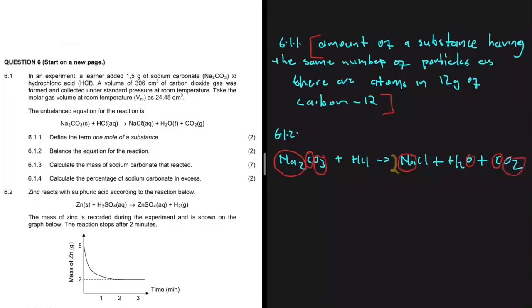So we have 3 oxygen atoms on the left and the right hand side. So the oxygen atoms are balanced. Let's go to the hydrogens. Here we have 1 hydrogen on the left hand side, and then on the right hand side we have 2 hydrogens. We have H2, right? So the hydrogens are not balanced. How can we balance them?